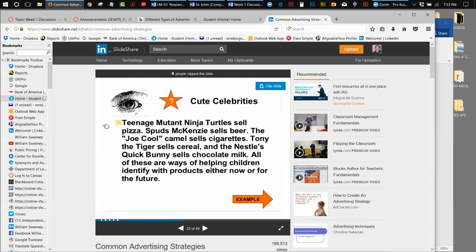I've seen him, and I've seen them make comic things about him, make funny things, including him. Joe Cool, I've seen Joe Cool many, many times. Tony the Tiger, I've seen it on television many times. The Nestle's Quick Bunny, I don't remember it quite as well. I've seen him, but I can't think of too many times that I've seen him other than print ads. So anyway, let's see what kind of examples they come up with here.